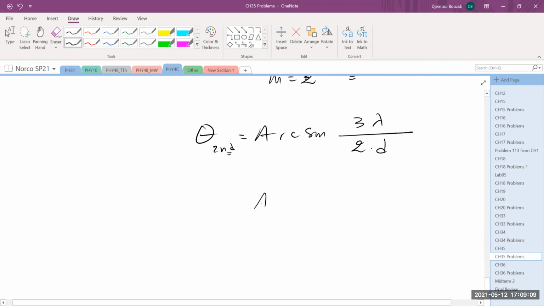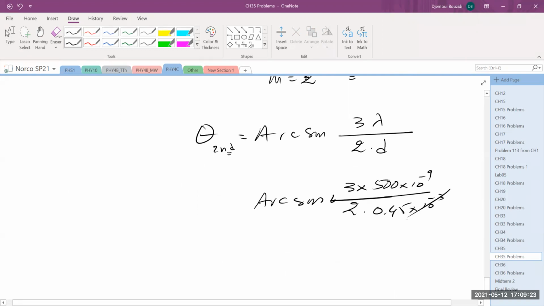So it's arc sine of 3 times lambda, 500 nanometers, divided by 2 times D, which is 0.45 times 10 to the negative 3, because it's in millimeters. That's the negative 6, if you wish. Now, the zeros in here cancel some of the zeros in here.